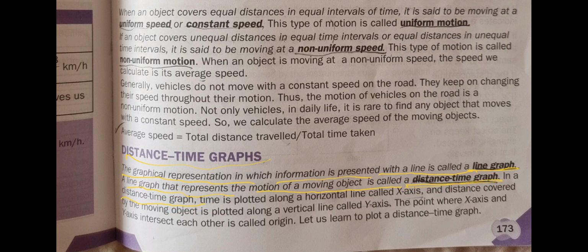In a distance time graph, time is plotted along a horizontal line, the x-axis, and the distance covered by the moving object is plotted along a vertical line called the y-axis. The point where the x-axis and y-axis intersect each other is called the origin.